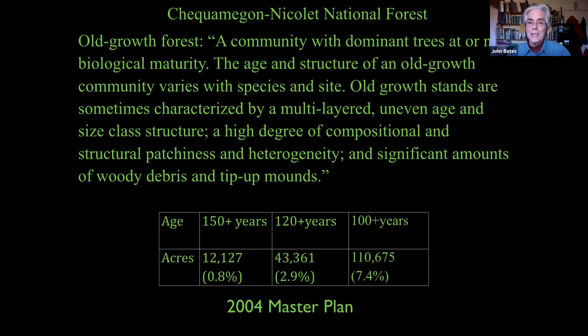That's pretty subjective to try to look at and say, yes, this is old growth, or no, it's not. In their 2004 master plan, they said that in our national forest, trees over 150 years old cover about 12,000 acres, so 0.8% of the national forest is currently old growth.